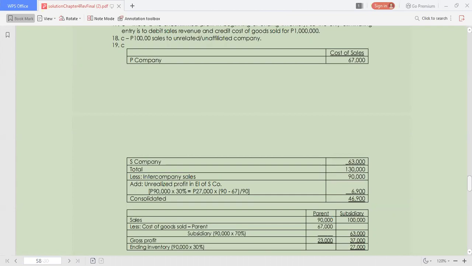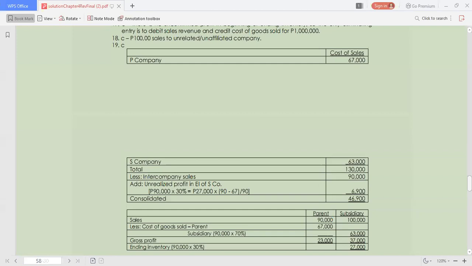Then we have the intercompany sales, the unrealized, the intercompany sales made during the period was 90,000. So 90,000, and we have now to add. And by the way, 19, we are computing for cost of goods sold. So we are now adding the intercompany sales here of 63,000.